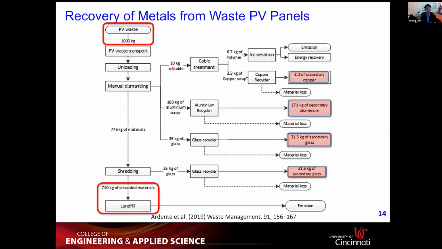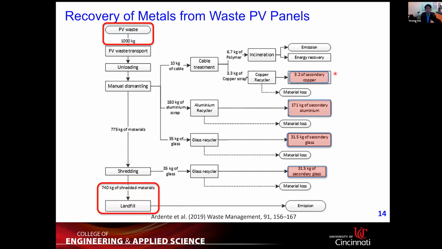And if we see how much material we can recover from this photovoltaic waste, if we use a 1,000 kilogram baseline, then we have 740-some kilograms of shredded materials. It goes to landfill, right? More than 70% just goes to landfill.